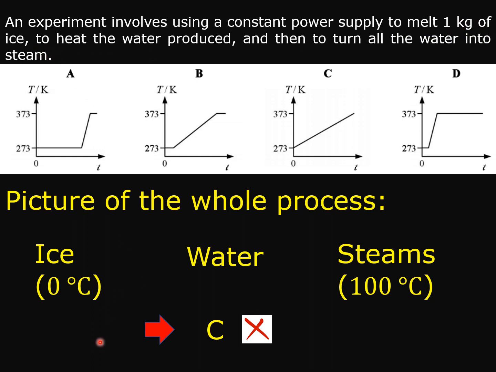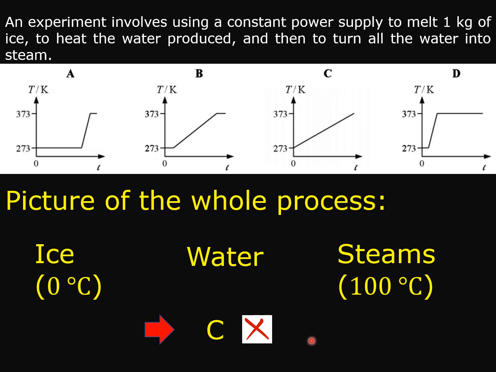So that means initially the system is composed of ice, and then because of the heating, it changes to water, and after that it will change into steam. So the system that we study undergoes 3 stages or 3 states: initially ice, followed by water, and then steam, because of the heat absorbed by the system.